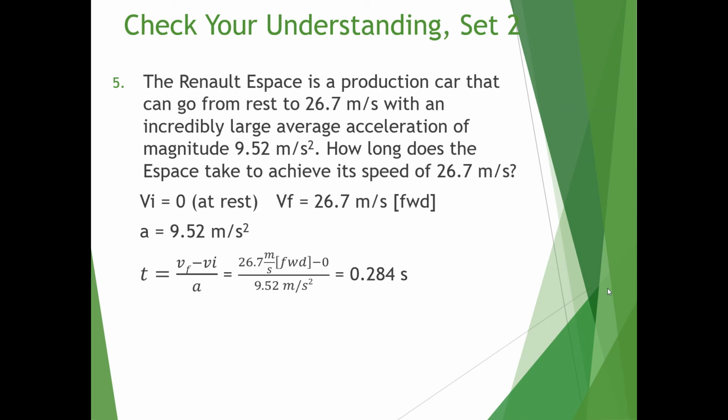So time is VF minus VI over A. The initial velocity is 0. The final velocity is 26.7 meters per second forward. And the acceleration was 9.52 meters per second squared. So when we plug everything into the equation, we end up with 0.284 seconds. That's really fast.